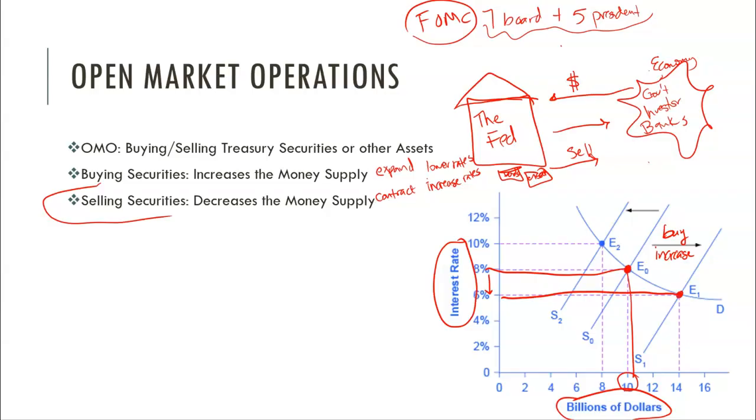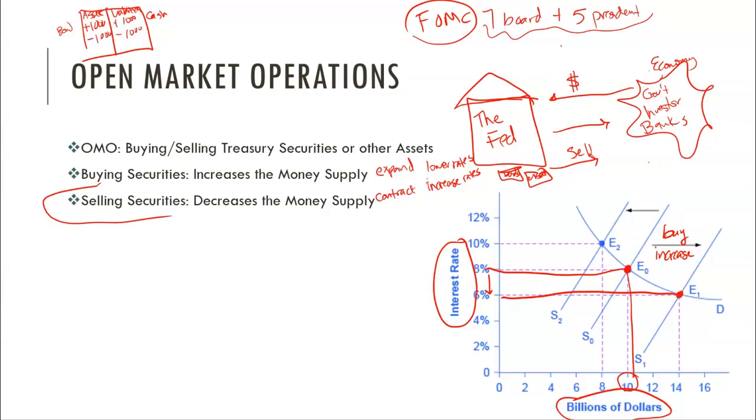So when you're looking at their balance sheet, we've got assets over here, liabilities over here. So originally they bought more assets. So they increased their assets by 1,000 by buying a bond. And then they increased their liabilities by 1,000 by increasing the cash in the market. When they sell that security, say they sell that $1,000 bond, they're going to just subtract 1,000 from both sides.